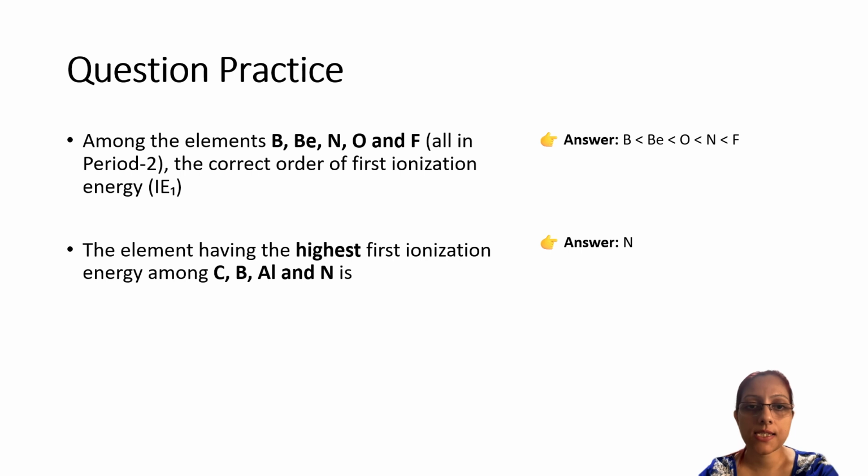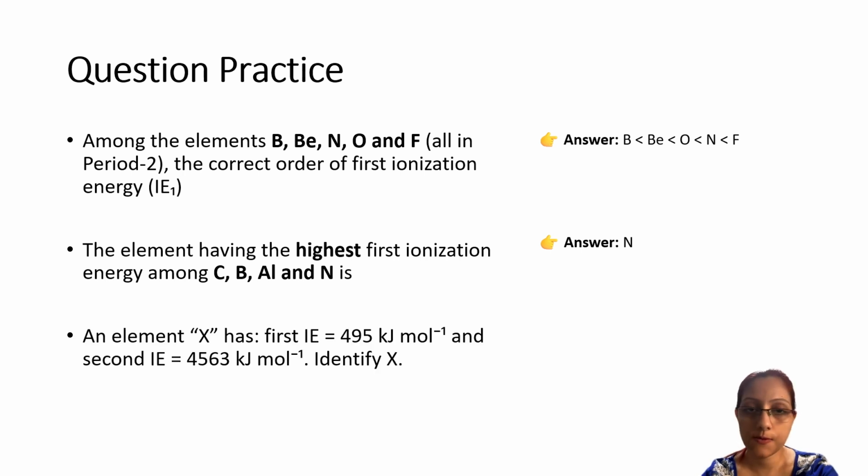The next question is, an element X has first ionization energy of 495 kilojoule per mole and second ionization energy of 4563 kilojoule per mole. Identify X. You can see from here that the first ionization energy is much lower than the second. There is a huge jump from the first to the second ionization energy, which means removal of the first electron yields a stable noble gas configuration.